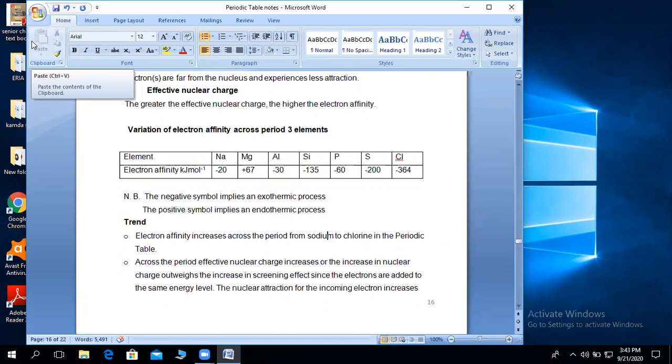So now I have just stated the trend, but I need to explain the trend. How should I explain? Why is the electron affinity increasing?